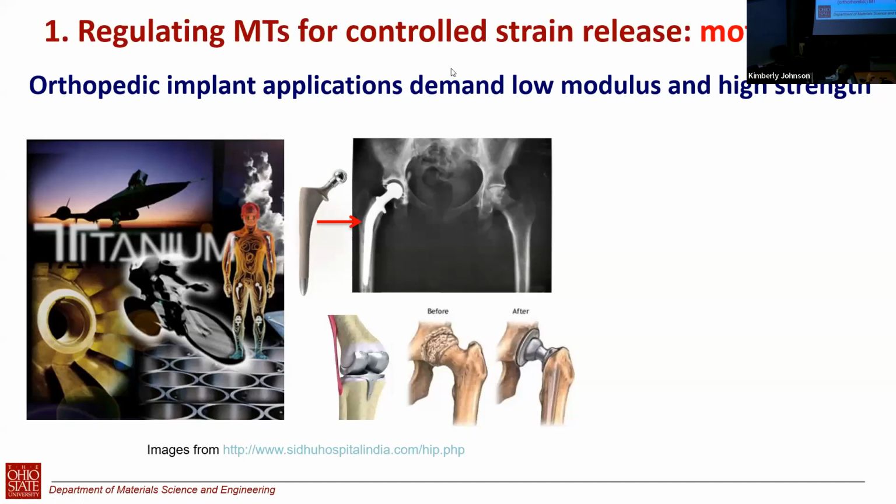We have two systems: a uniform system on the left, and a modulated system on the right. This is the concentration field, the uniform concentration, and this is a modulated concentration. Then we apply load and see how the microstructure changes.